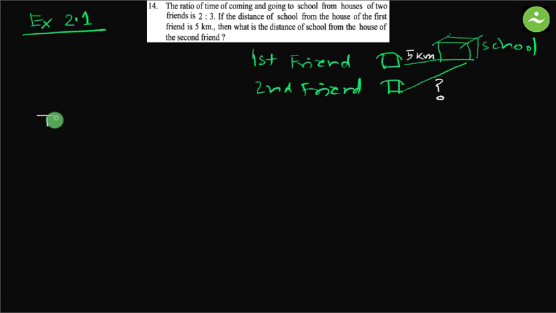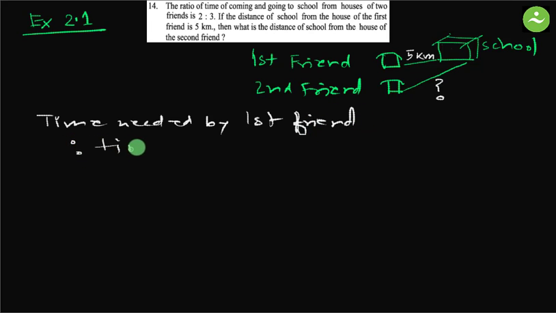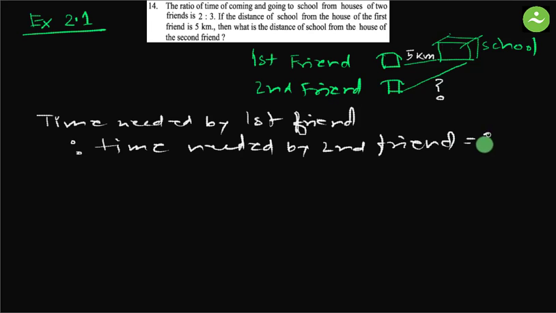We can write time needed by first friend is to time needed by second friend equals 2:3. The question says this.